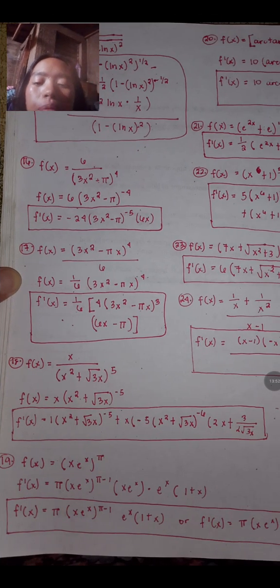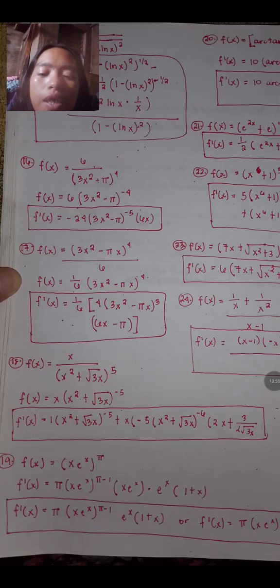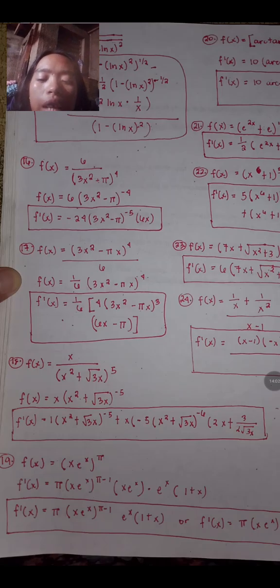So number 18, f of x is equal to x over the quantity of x squared plus the square root of 3x raised to 5.